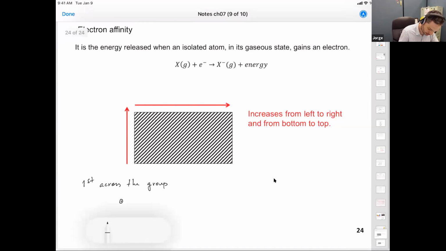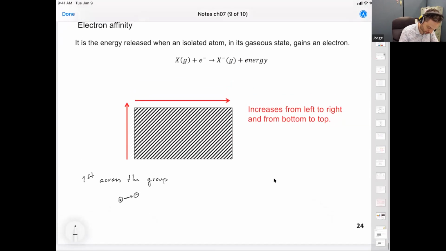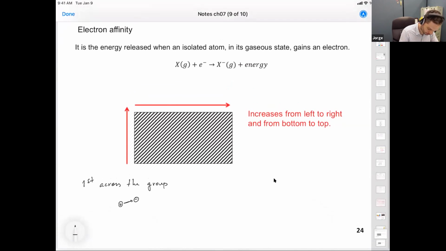So let's represent here a nucleus with a positive charge and the very last electron. And moving across the group, we are going to increase the radius.